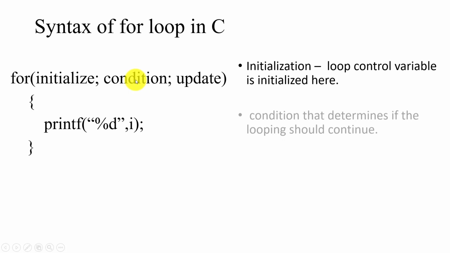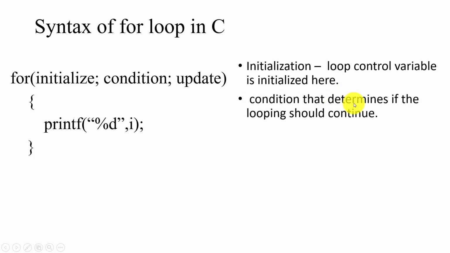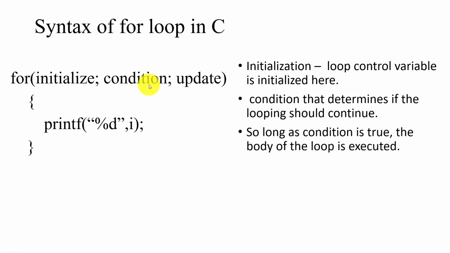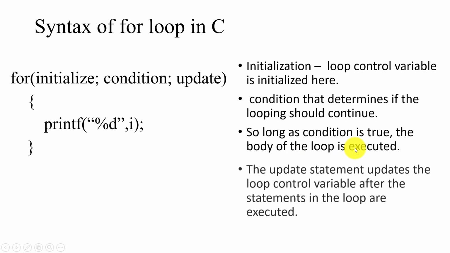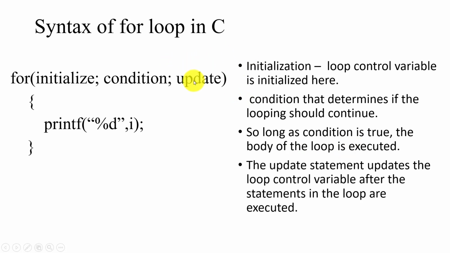The next part is the condition. It determines whether the looping should continue or not. If it is true, the loop continues, and as long as the condition is true, the body of the loop is executed. After this, the third part is the update, which you may refer to as an increment or decrement.